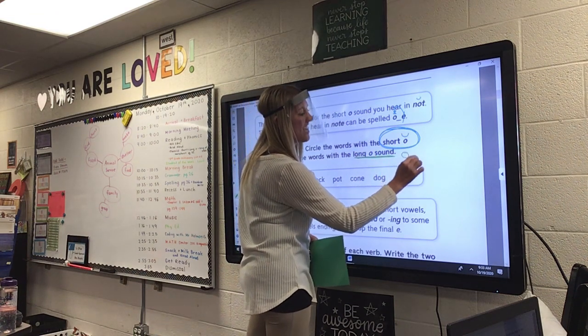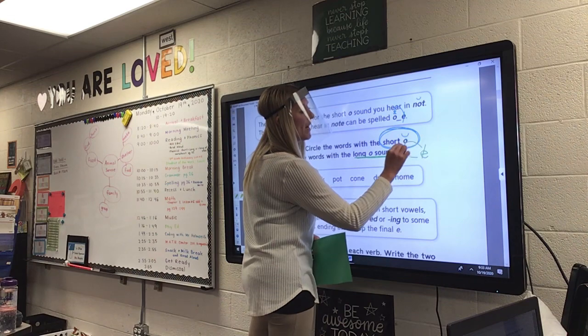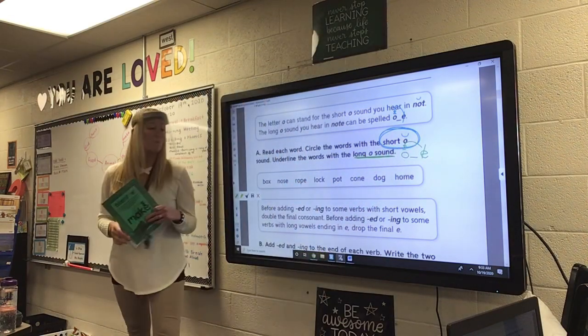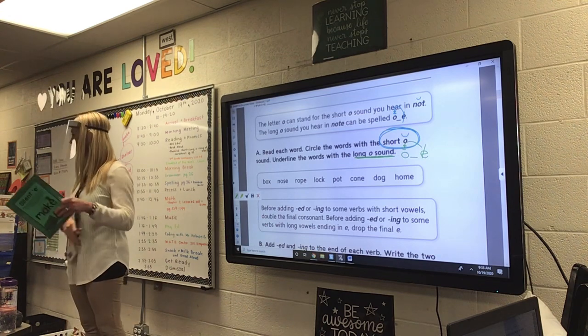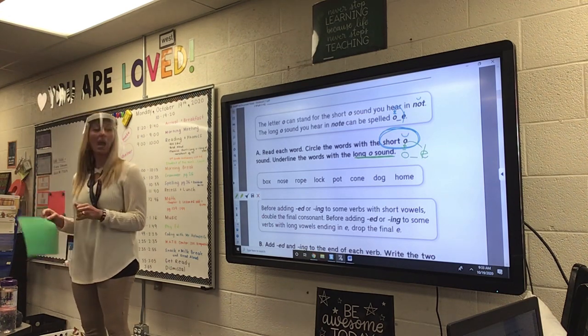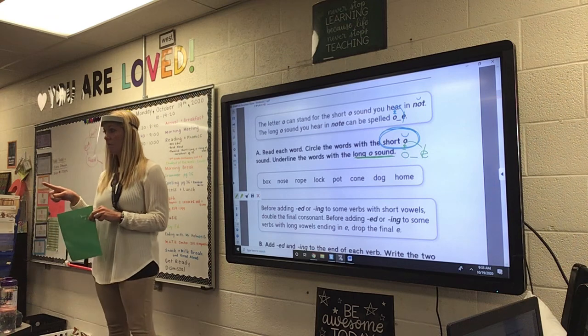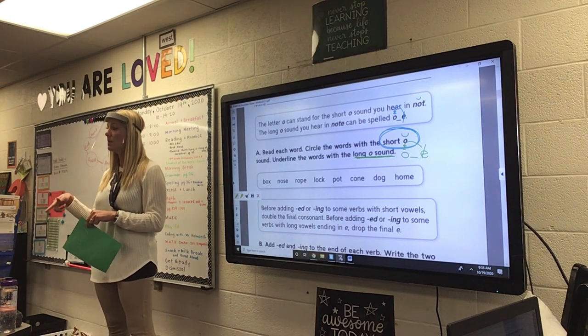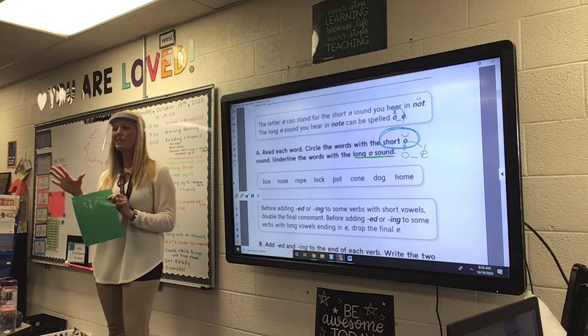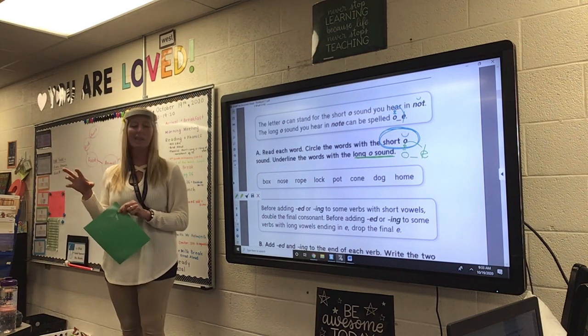So with your bossy E, we're going to underline those. Okay. So Mrs. Murphy's going to help you do the first two. I'm going to do the first two with you. But then the rest of them, I will read them, but then you will either circle or underline. So I'm seeing you understand the short O and long O.